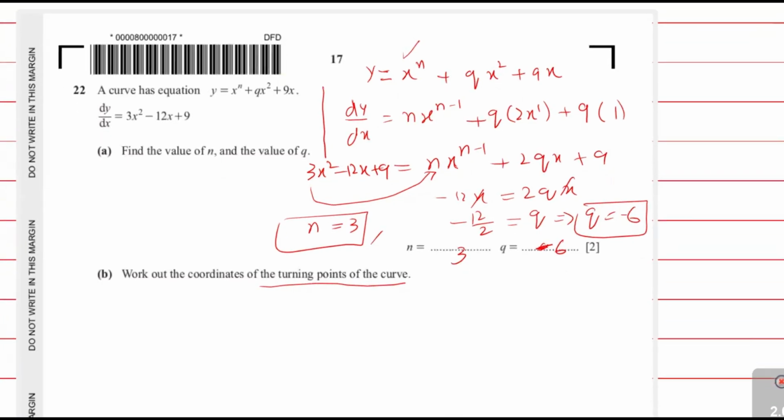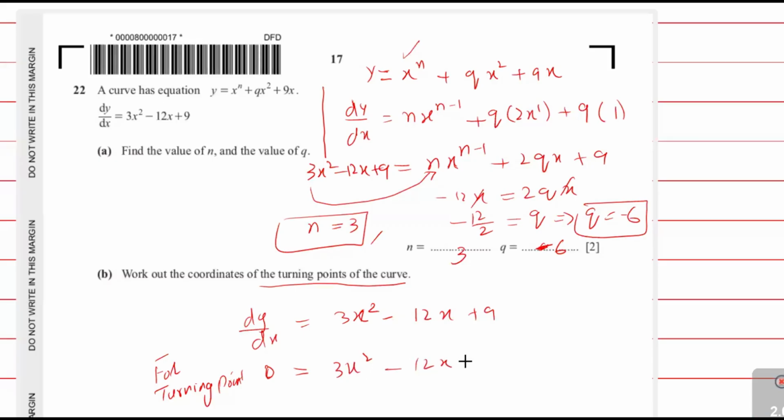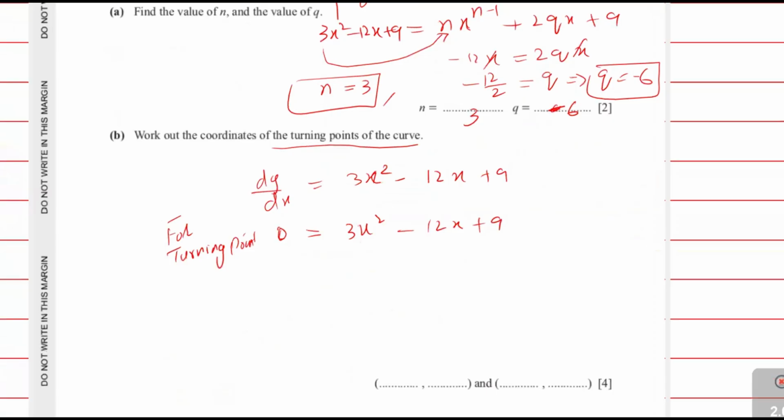Look here, dy over dx of this equation is 3x square minus 12x plus 9. For the turning point, dy over dx equals 0. And we can write 0 equals 3x square minus 12x plus 9. We will divide this equation by 3. We get x square minus 4x plus 3 equals 0.